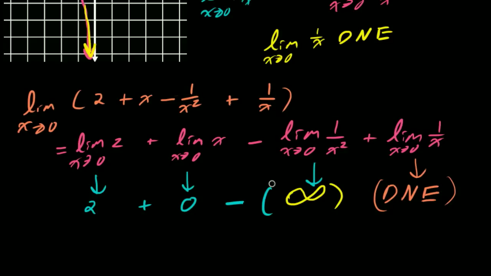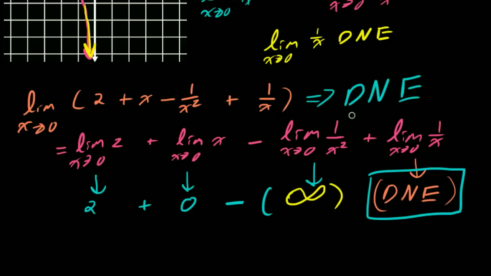Hopefully you can see that we've got something finite plus something finite minus something infinite, but then we're adding on something that does not exist. And so this is what trumps everything else. So this overall limit does not exist. And that would be the answer for a limit problem like that.